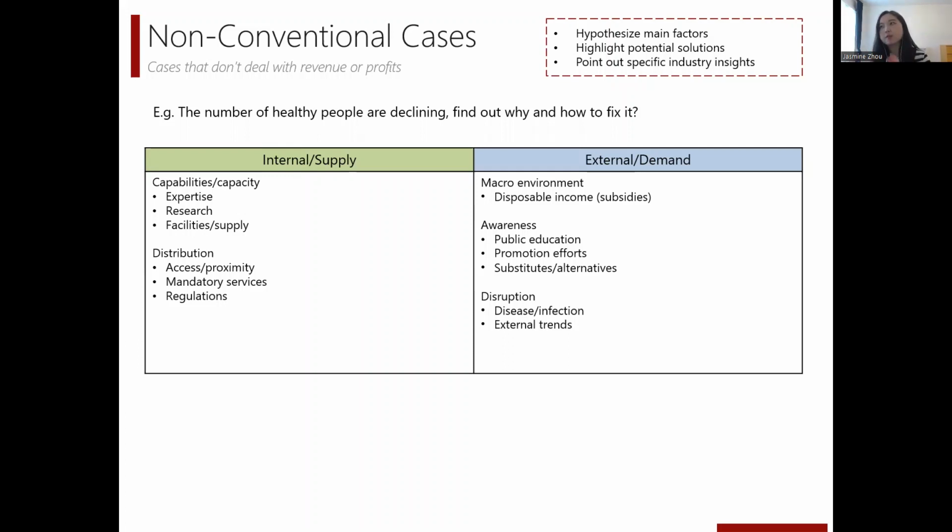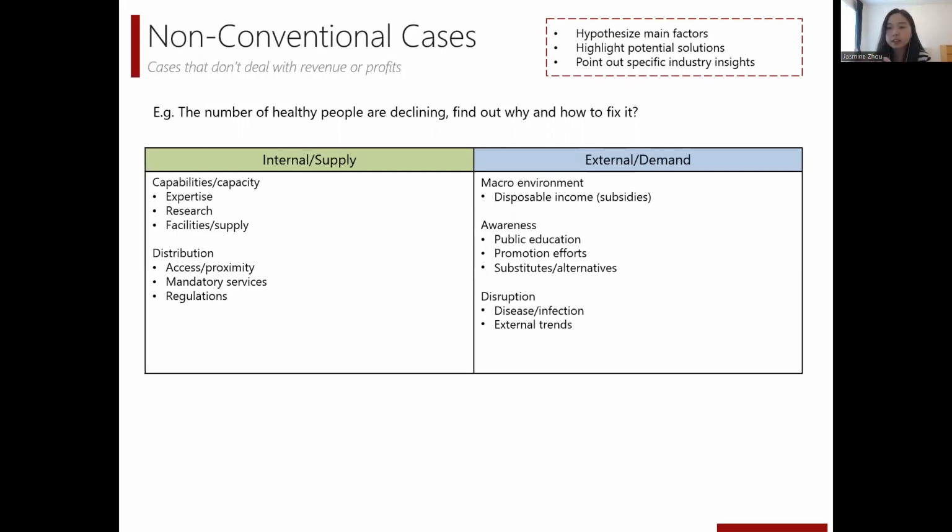So for these types of non-conventional cases, I like to simplify it fully and use internal and external for my buckets, or sometimes supply and demand is more relevant. They're essentially the same thing. Using this case as an example, the number of healthy people is declining. For internal and supply, you can look at capabilities, capacity and distribution. So why is the number of healthy people declining?